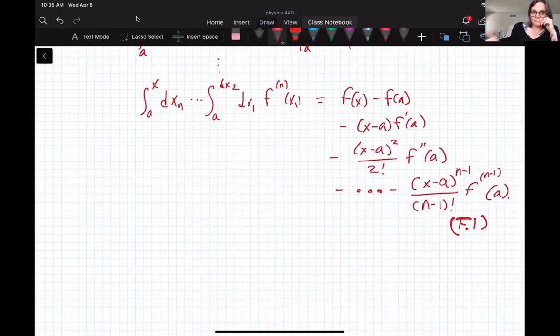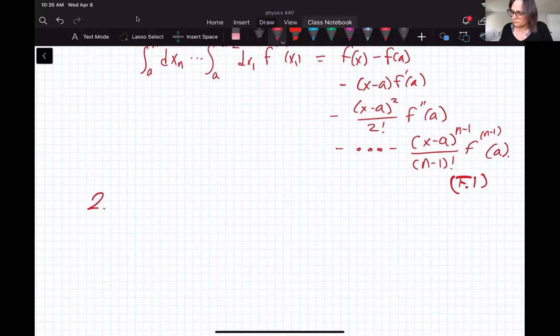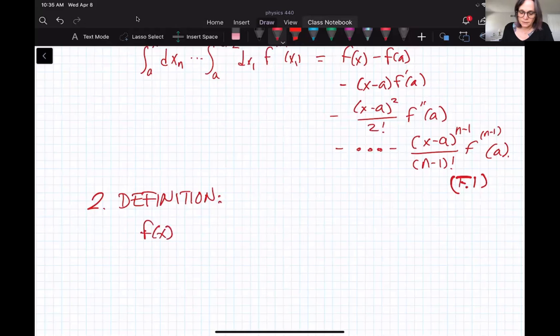So the definition of the Taylor series is to approximate a function by successively higher order approximations to the slope at a point of interest, right? In this case, a. So the definition of our Taylor expansion is then f of x is equal to f at a.